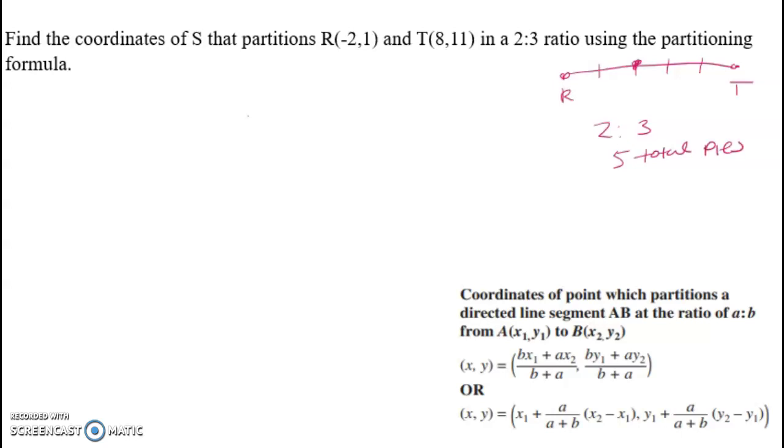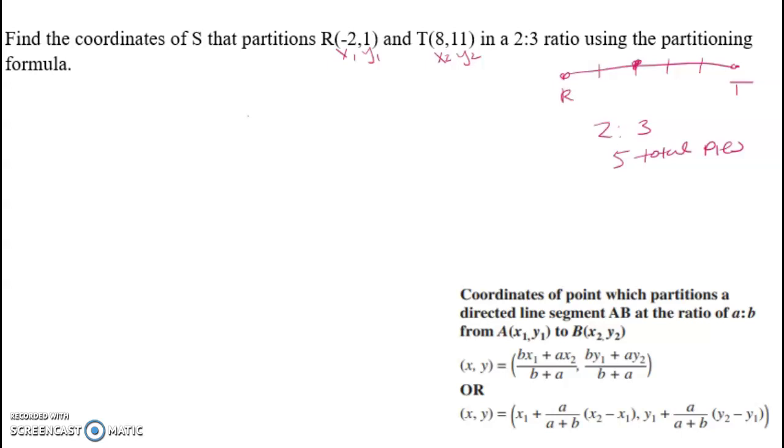And we're trying to find this point here using the formulas. Now these formulas will be given to you on the EOC. So if our starting point is R, that makes R x1, y1, and T is my ending point, which is x2, y2. From here, I have everything that I need.